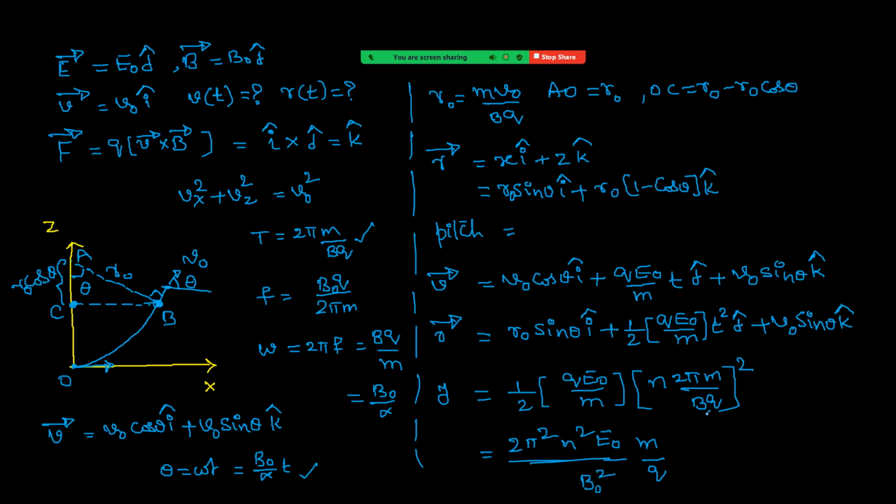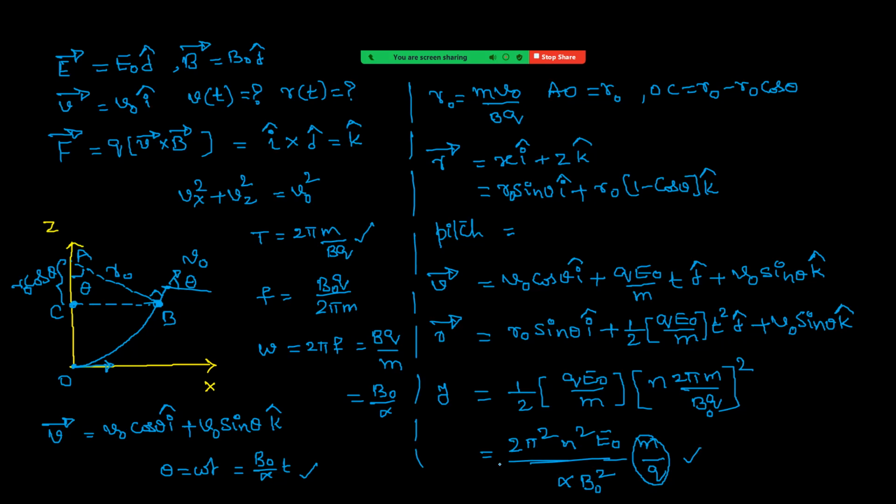And in the place of q by m, I can write alpha. Alpha stands for q by m. So finally, the y coordinate is 2 pi square n square E naught by alpha b naught square.